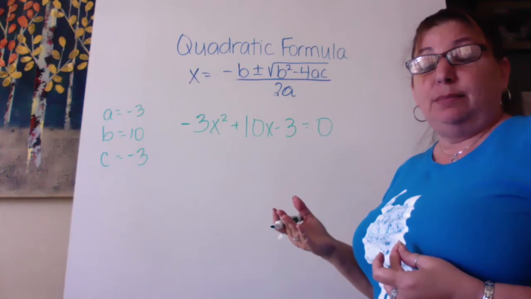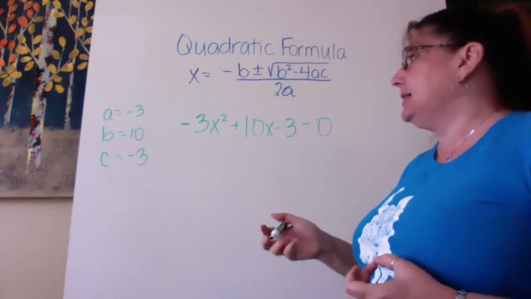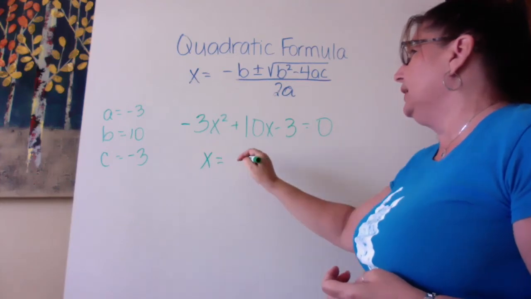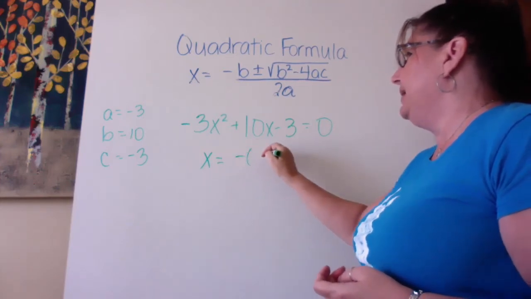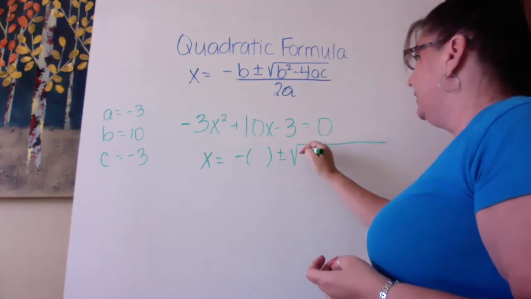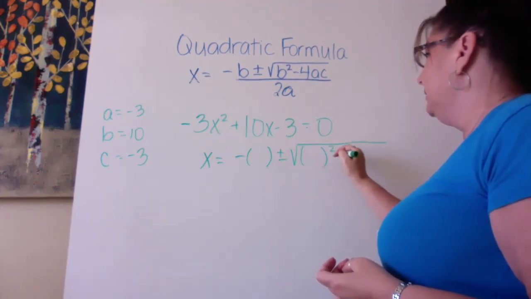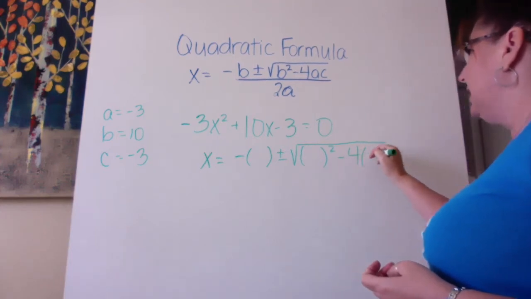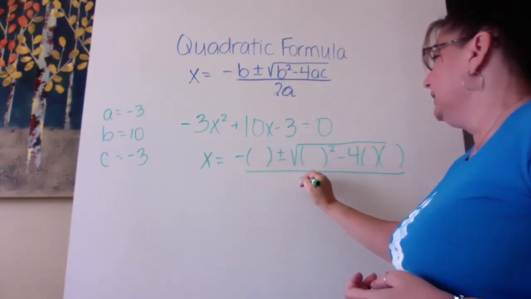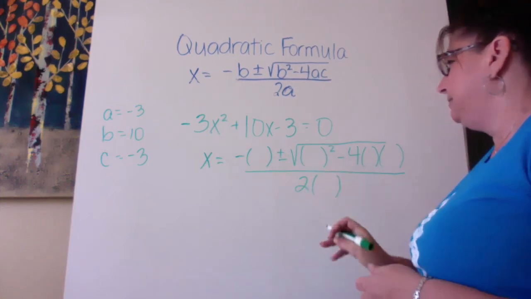Where does the parabola hit the x-axis? So I have x, because that's what I'm solving for, equals the opposite of b plus or minus the square root of b squared minus 4 times a times c, all over 2 times a.